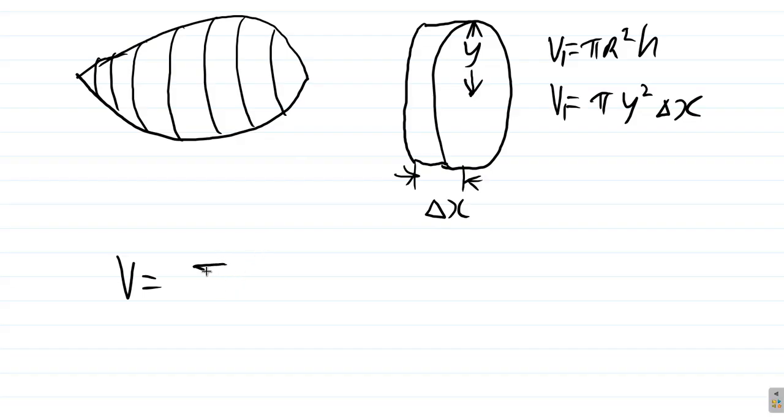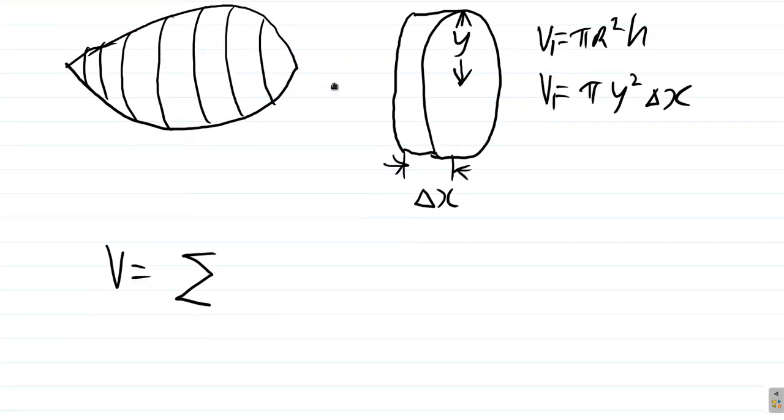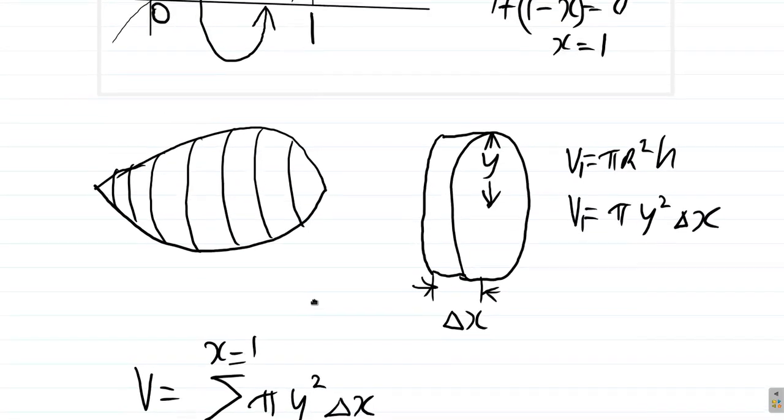It would be the sum, and you're summing from x equals 0 to x equals 1 of pi y squared times delta x.